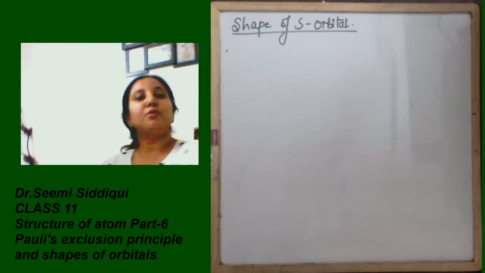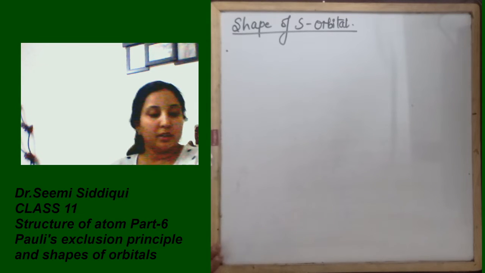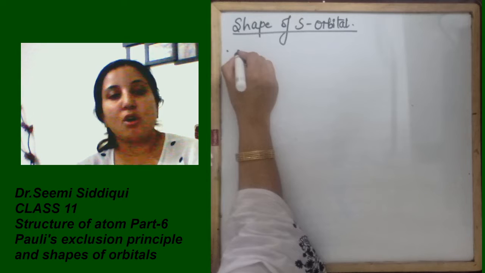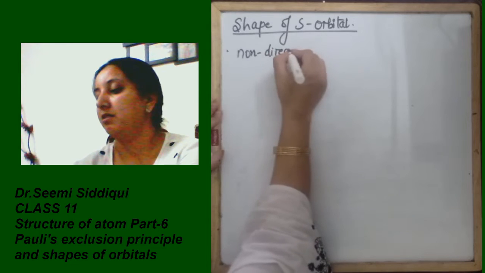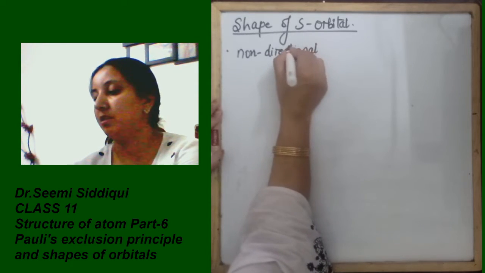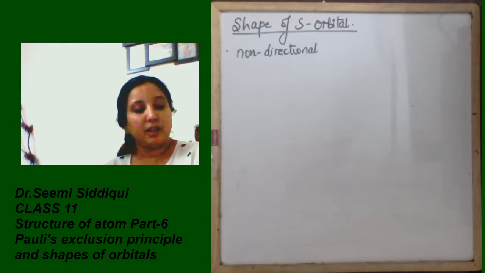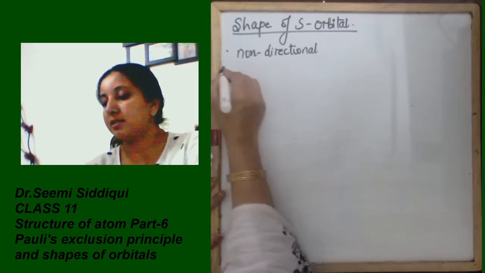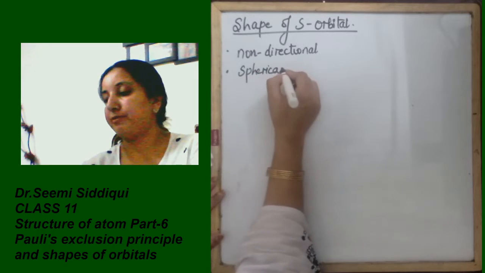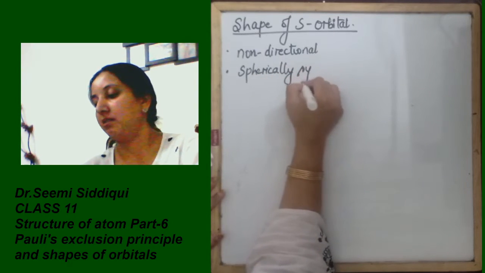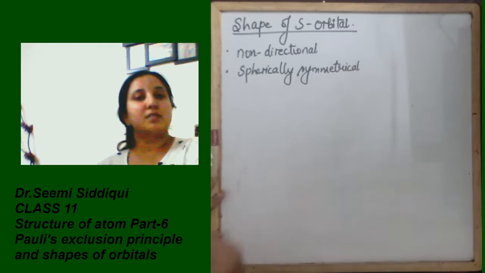Now the few points which we need to keep in our mind for the s orbital are these. The very first thing is that the s orbital is non-directional. It is non-directional in shape, and it is spherically symmetrical.